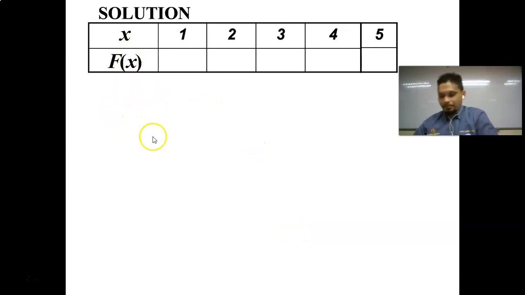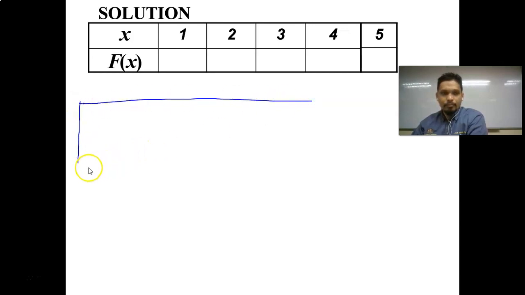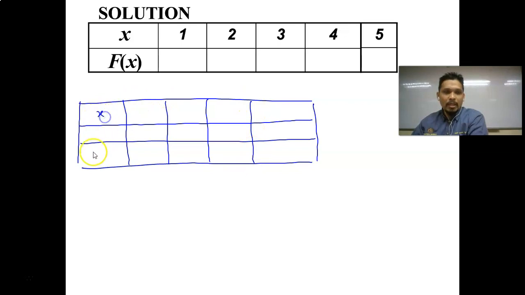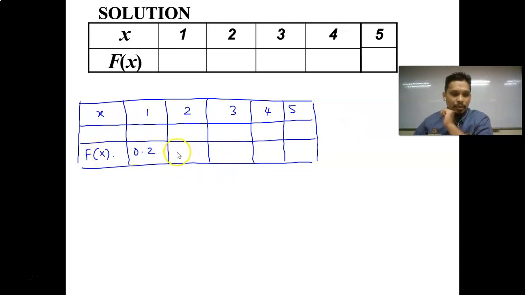Where x and the cumulative distribution function, x equal to 1, 2, 3, 4 and 5, the cumulative distribution function given here is 0.2, 0.32, 0.67, 0.9 and 1.